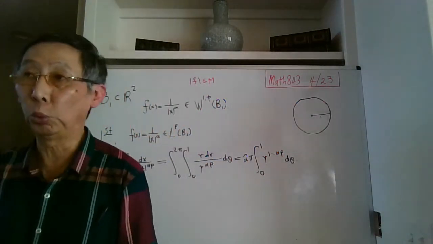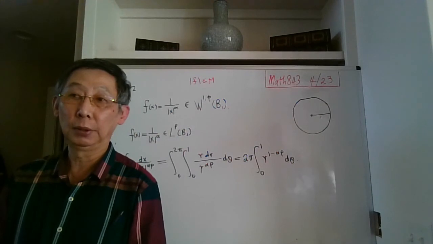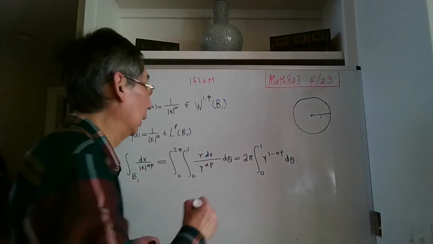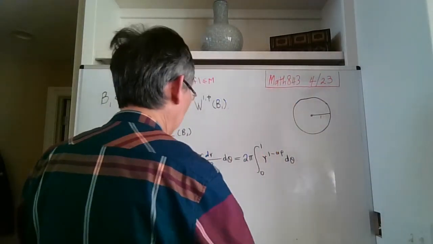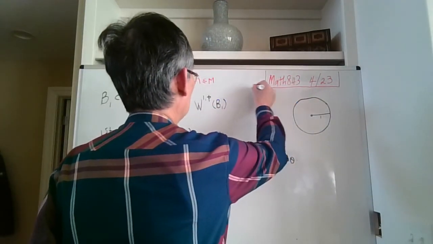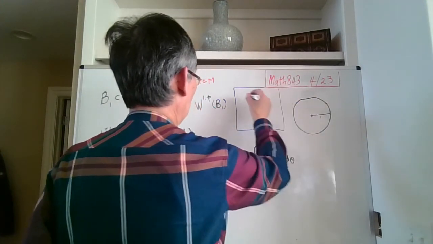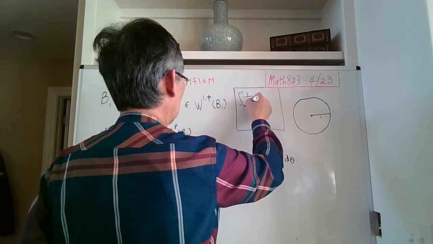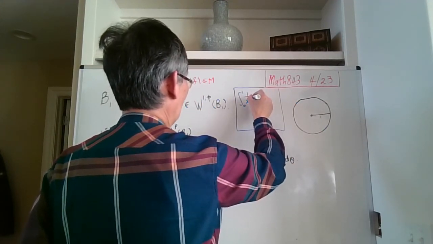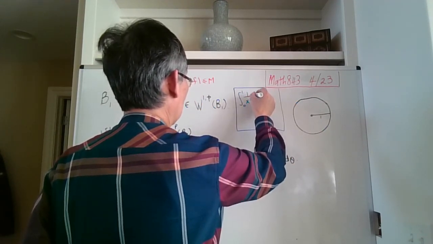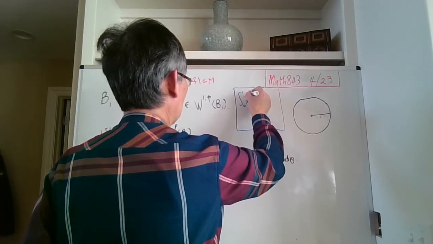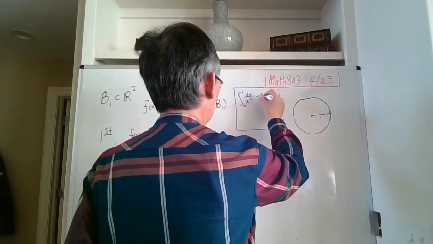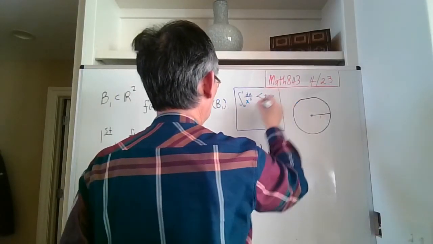So the question is when this integration exists and is finite. We remember there's a result about this, so I will record the result here. Suppose you have the integral from 0 to 1 of 1 over x^s. This is an improper integral, and it is less than plus infinity if what?